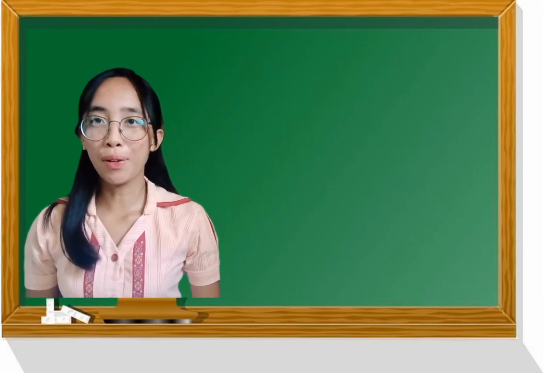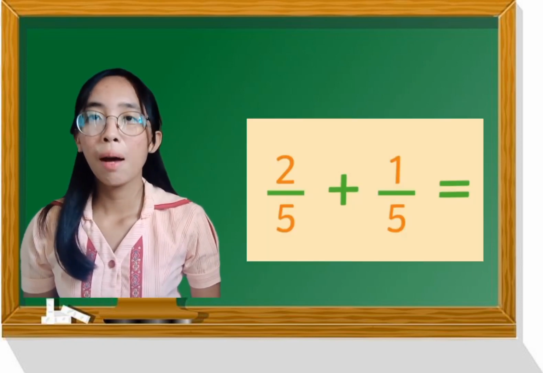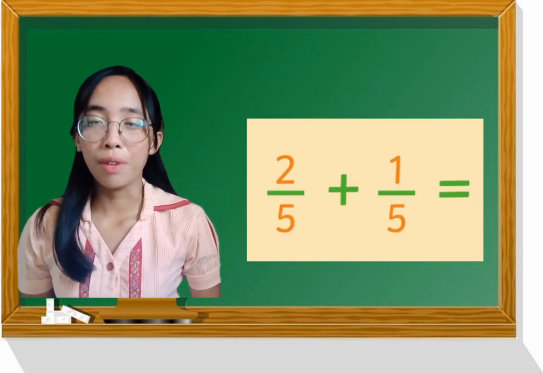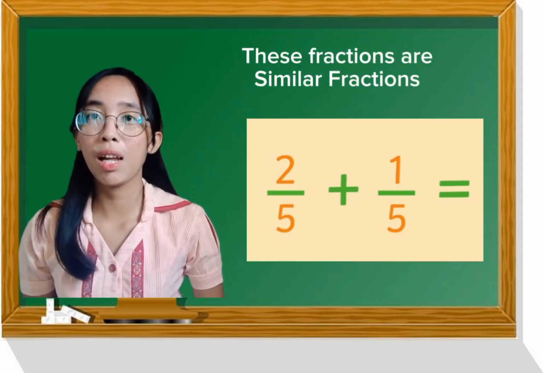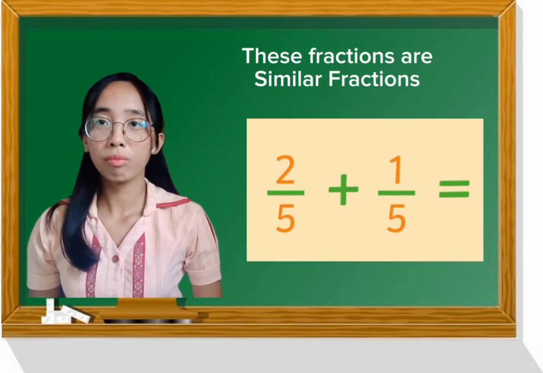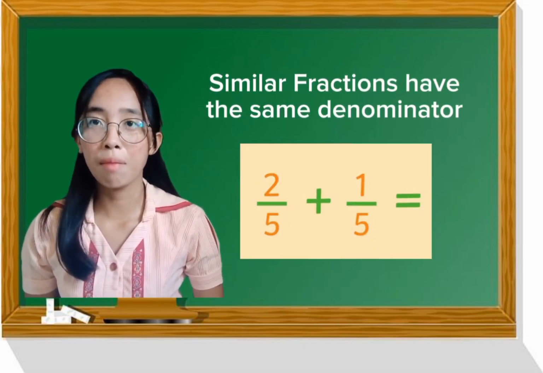Let's try to solve the first problem. 1/5 plus 2/5. These fractions are similar fractions. Similar fractions have the same denominator.